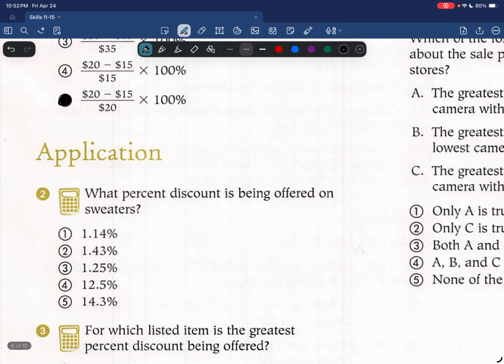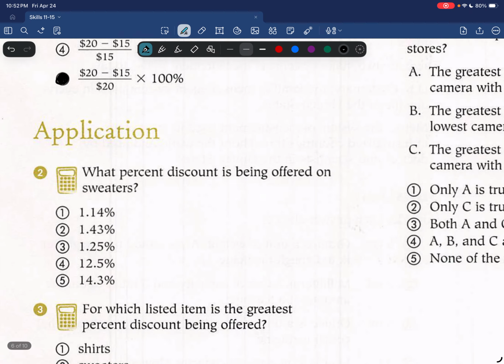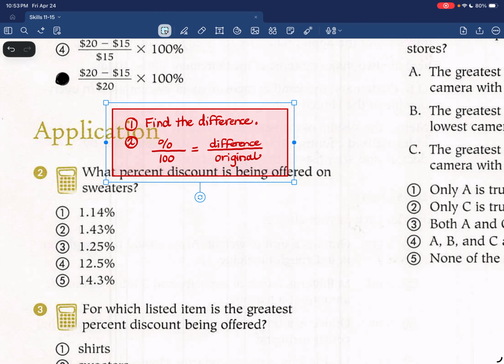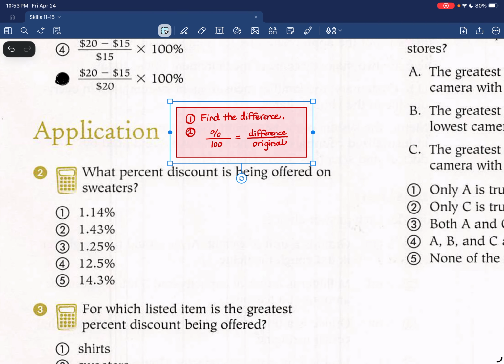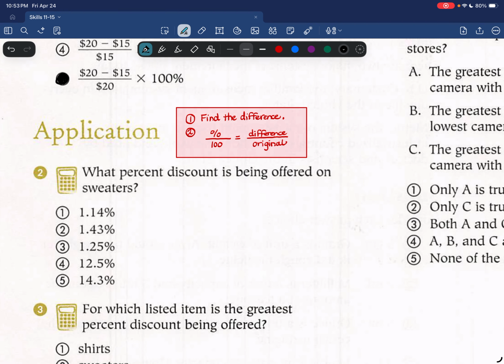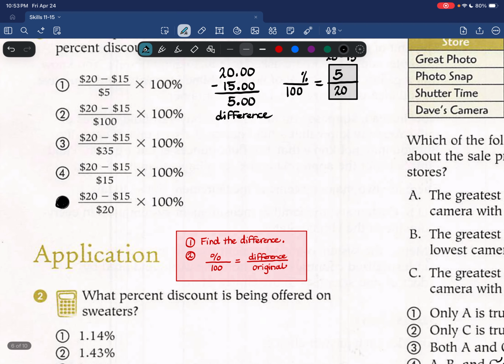All right, here is an application question, and it is calculator. What % discount is being offered on sweaters? Well, again, this is my method. You can use any method you want that does the same thing. But for me, the first step is to find the difference on sweaters.